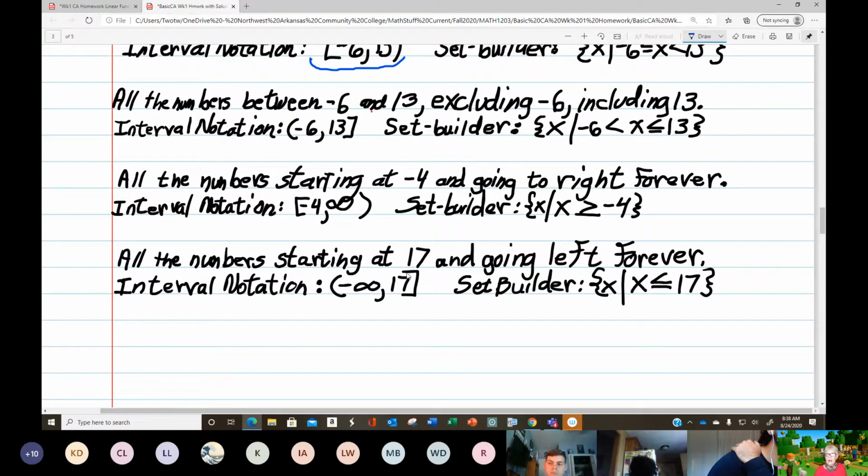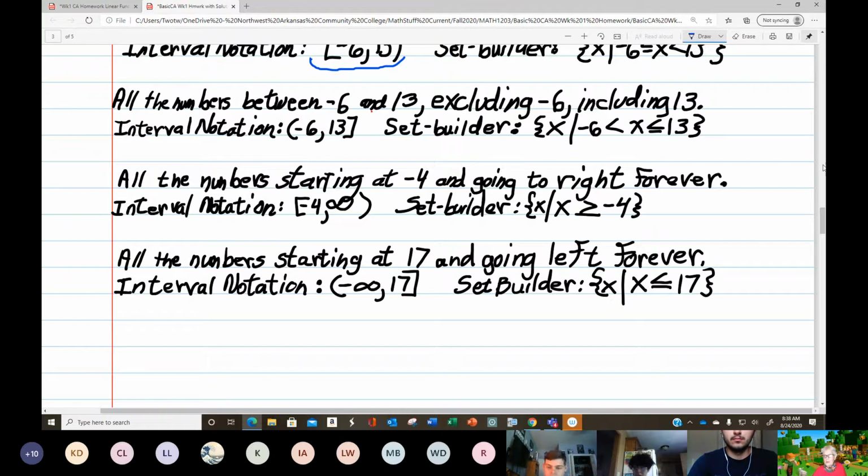Now, if we want to say the opposite, and that is all the numbers starting at 17 and going left forever.